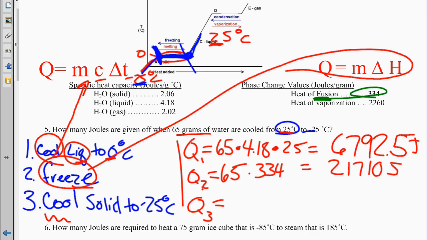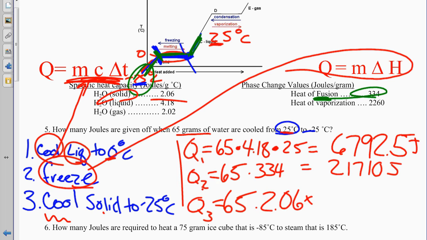And then last but not least, I want to cool. So I have already, let's draw where we traveled here. We cooled down, we froze, now we're here, and we need to cool down to negative 25 degrees. So I'm going to go 65. If I'm cooling, I'm doing MCΔT. So I'm in a solid, so I'm going to use 2.06. And then I'm going to multiply that. I'm going from 0 to negative 25.